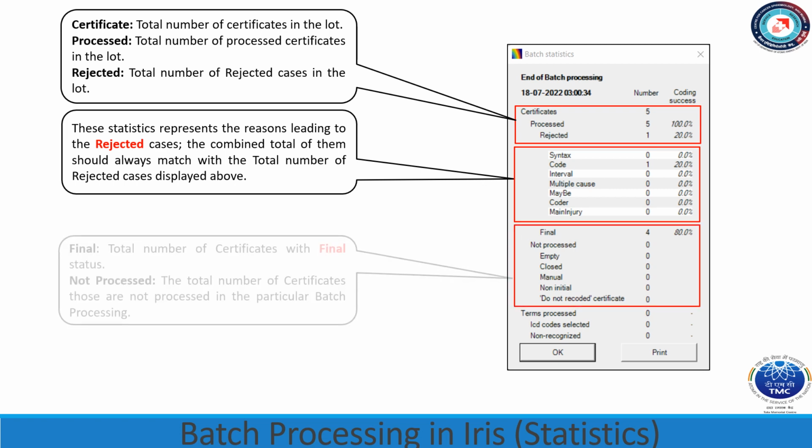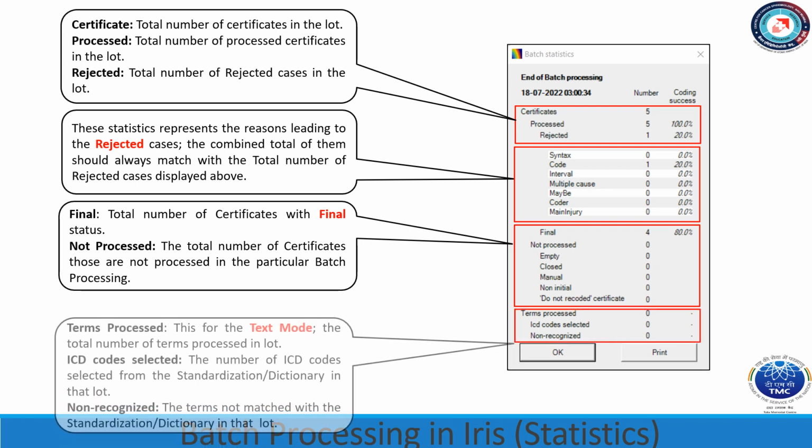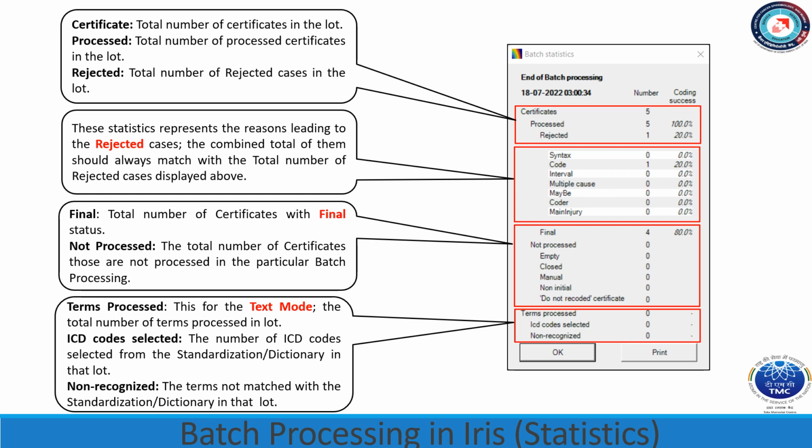Then there is the final label that states the total number of certificates with final status, and not processed states the total number of certificates that are not processed in the particular batch processing. Whereas the terms processed label is for the text mode, displaying the total number of terms processed in that lot, and ICD codes selected are the number of ICD codes selected from the standardization/dictionary in that lot.